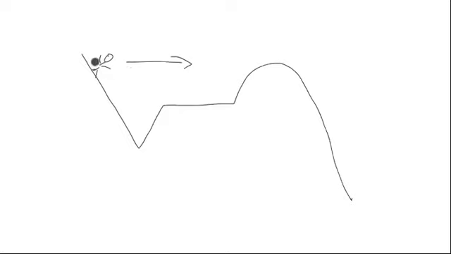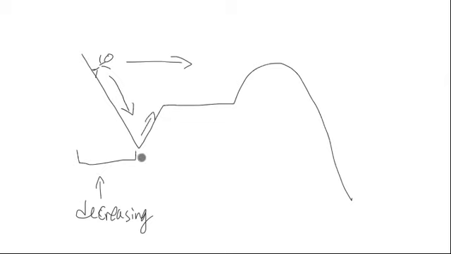Now, what happens here on the graph right now? Notice how we're going downhill. That means that on this portion of the graph, we say that the graph is decreasing. These are just words that tell us about a graph. On this part right here, the graph would be increasing.